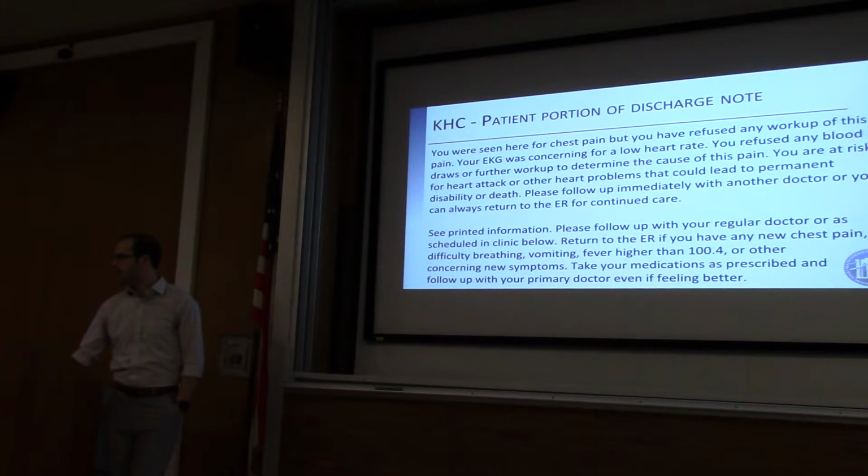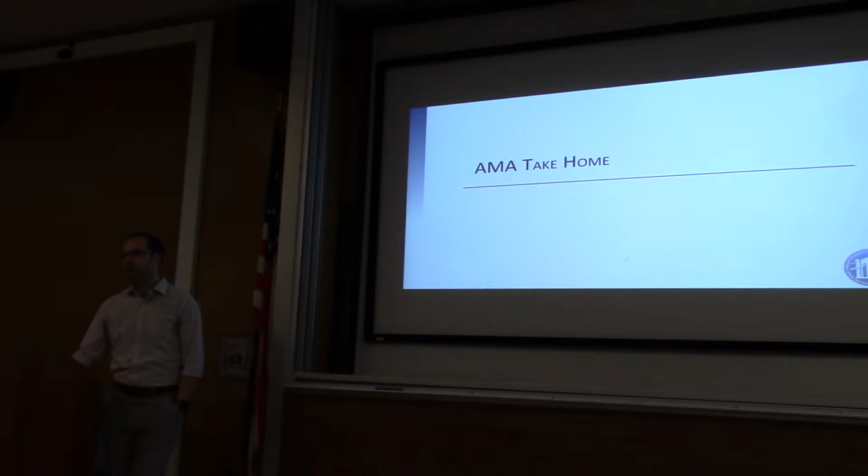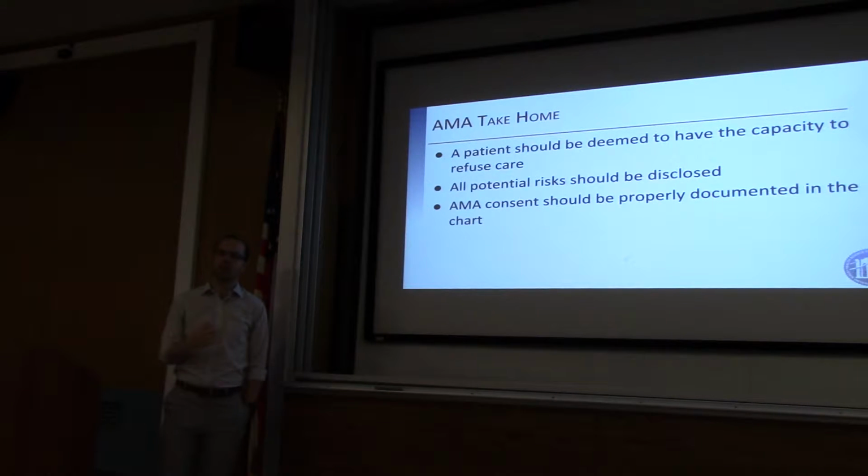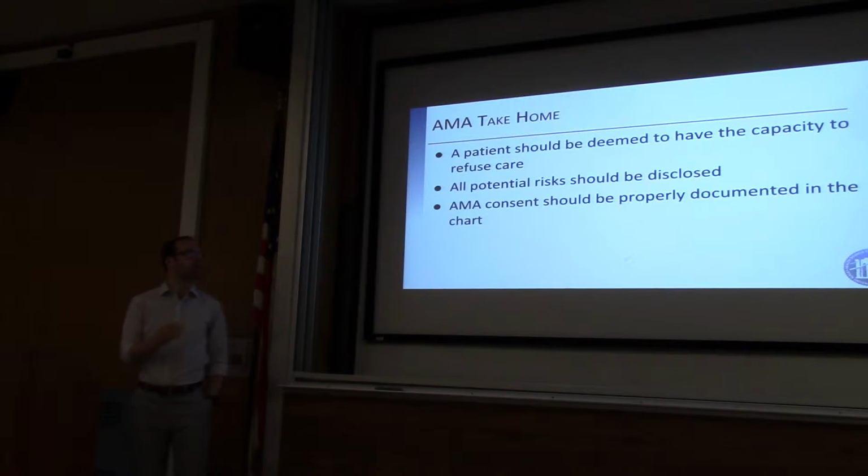All right, we're going to wrap up. So the take-home points from this lecture. Anytime you're discharging a patient against medical advice, I'm going to hit this again and again and again, you want to make sure that they have the capacity, the medical decision-making capacity to make that decision to leave.